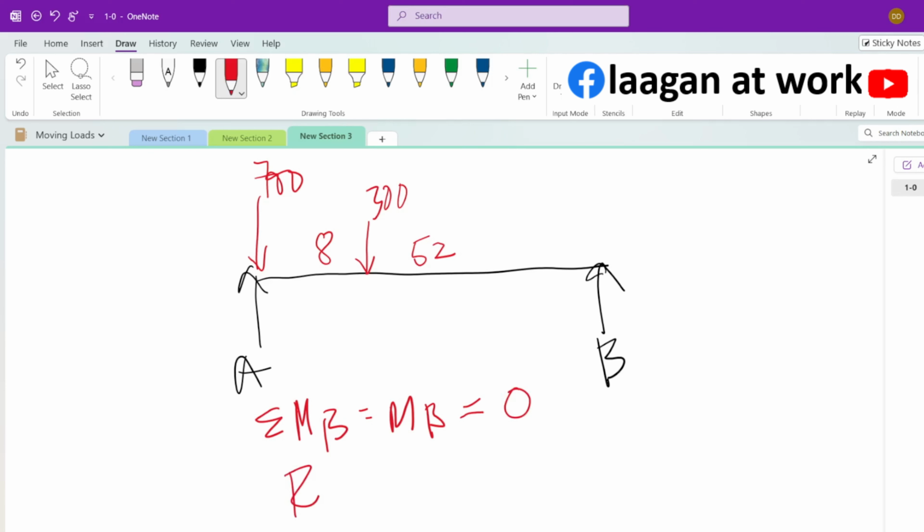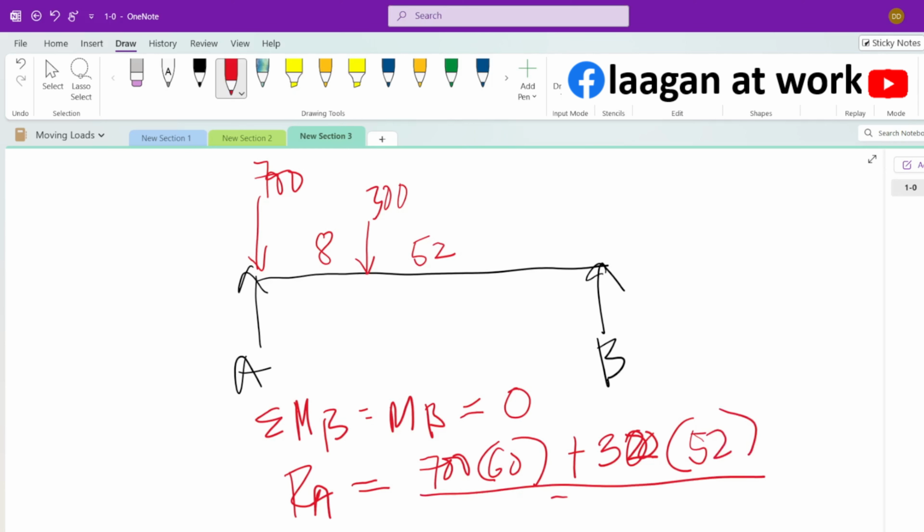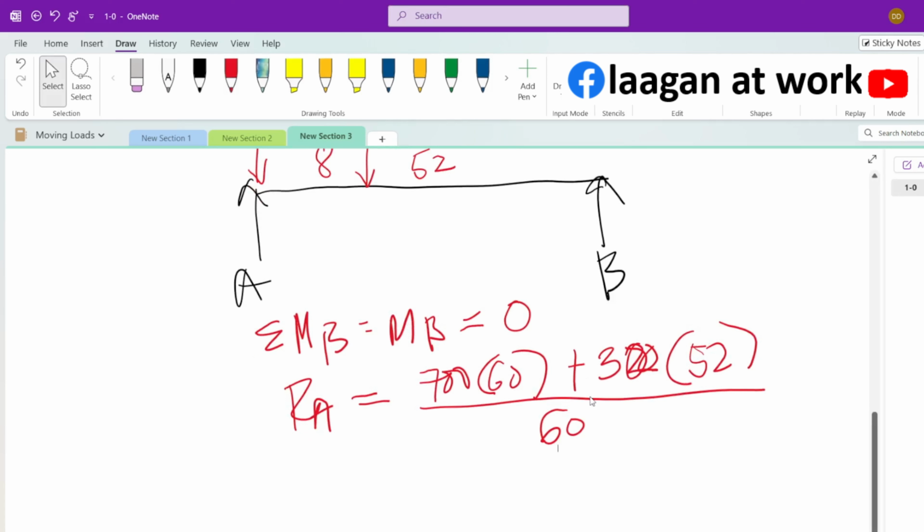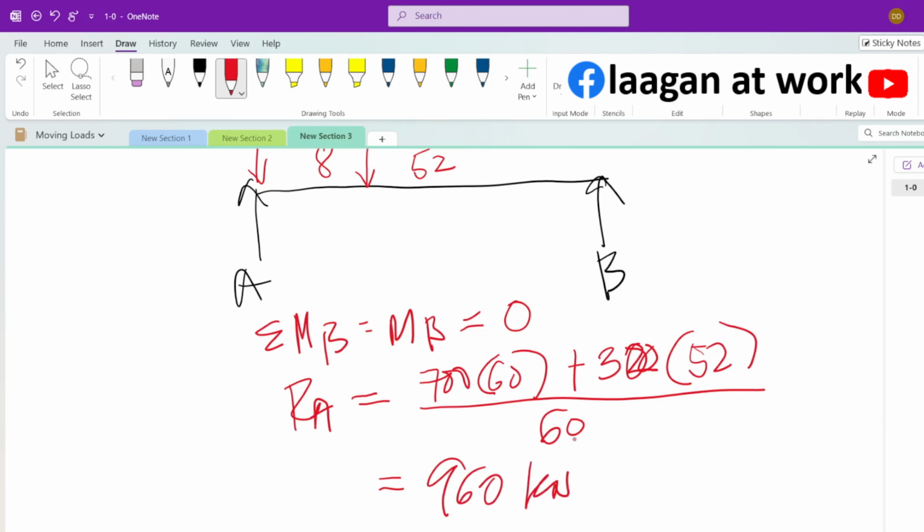Therefore, RA is equal to 700 times 60 plus 300 times 52, and then divided by 60. So that would be 660 plus 300 times 52 divided by 60. So that is the same, which is 960 kilonewtons.